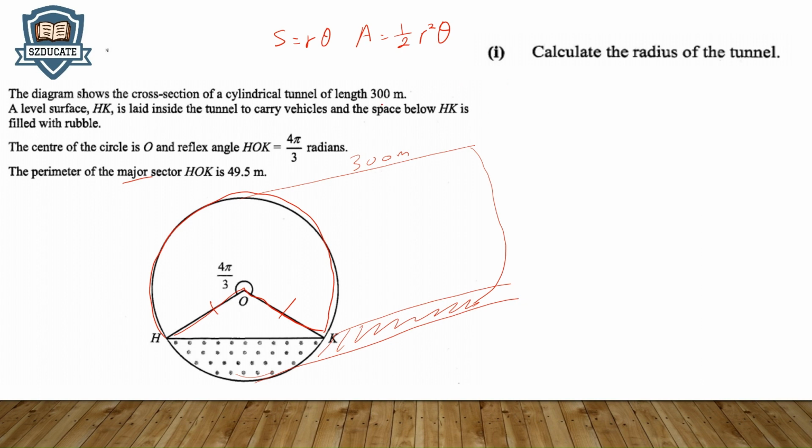Area is not so applicable here yet, but we can use the arc length. So am I right to say the arc length r theta plus 2 radius? This is the arc length, the curved part, plus the 2 radius would give me the perimeter of this major sector HOK, which is 49.5.